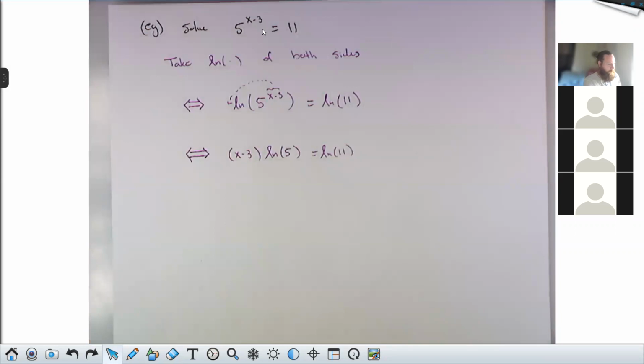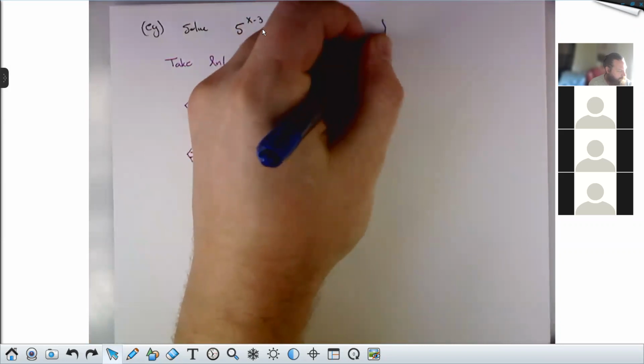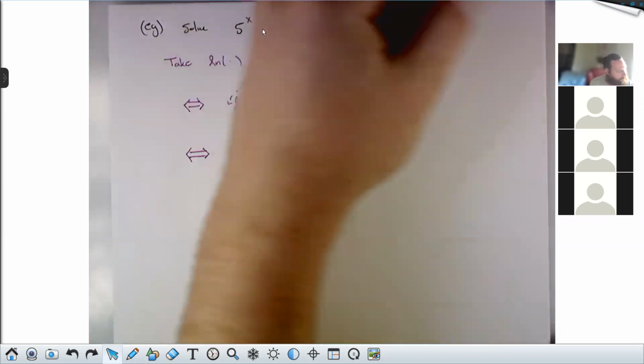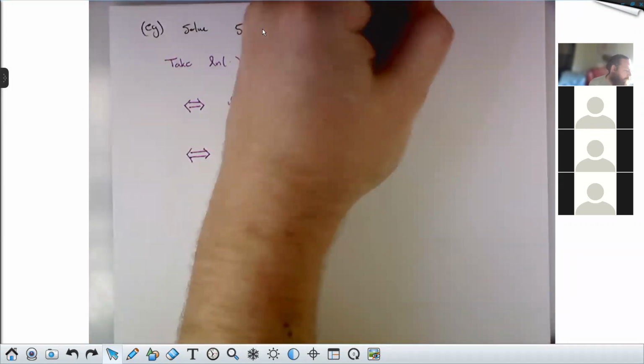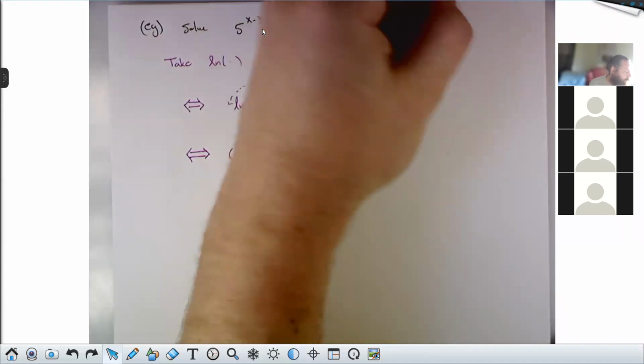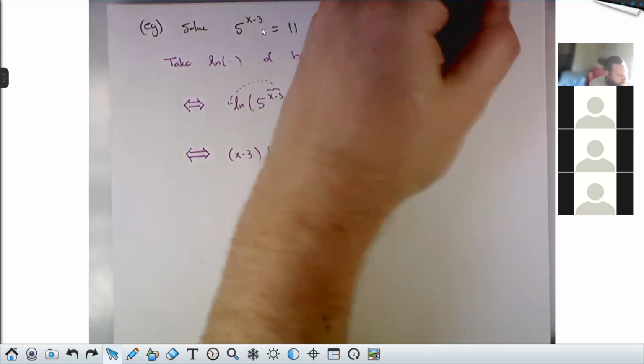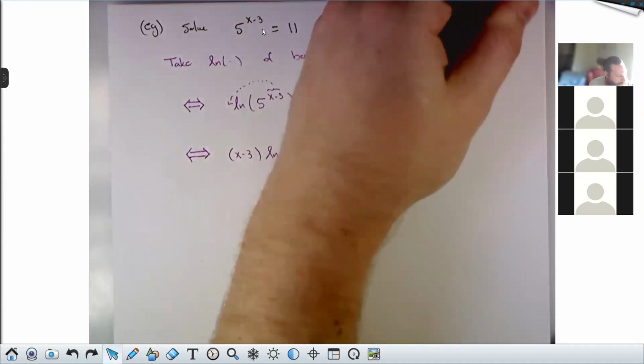So the rule or property that I'm using there, remember, is one of those rules for logarithms: log base p of x to the y is y times the log base p of x.